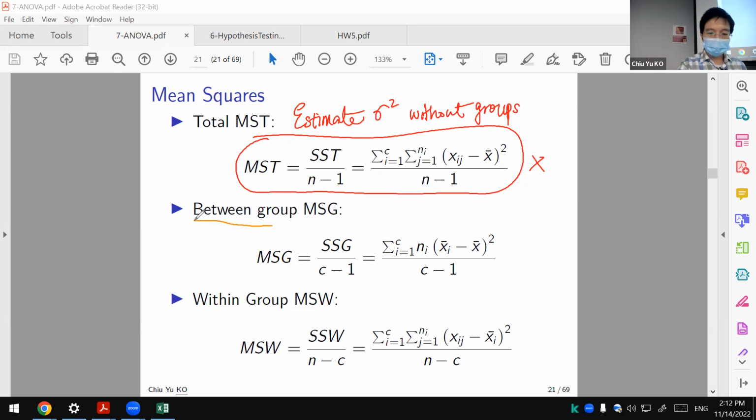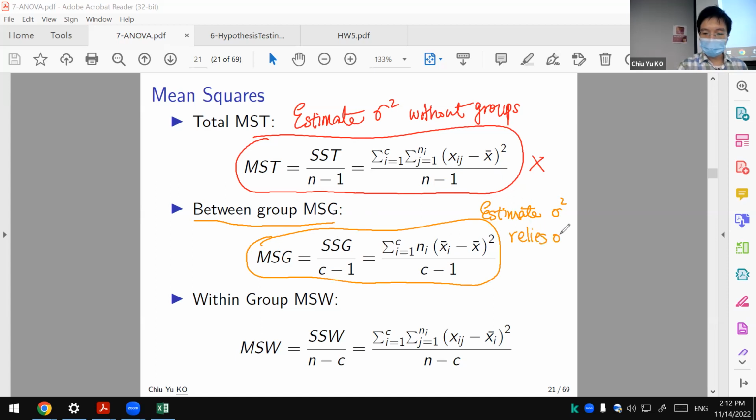This is the between group. This is also estimating sigma, but it relies on the sample group means.